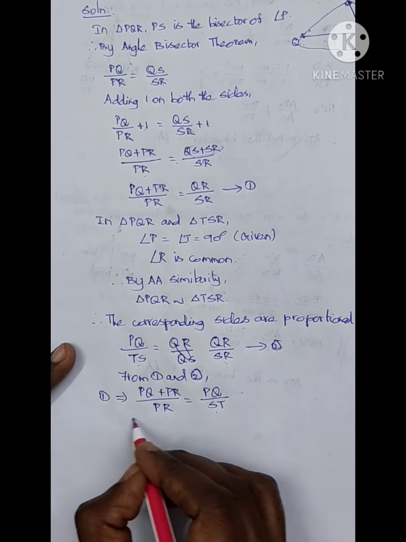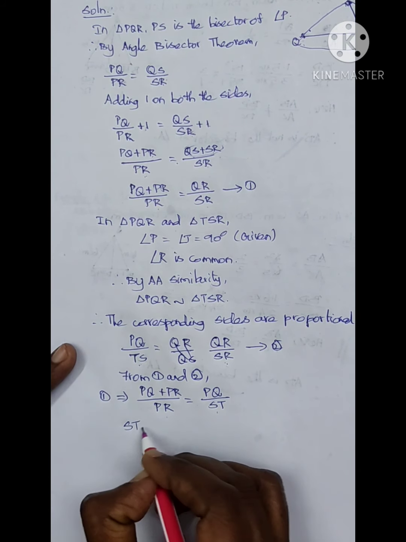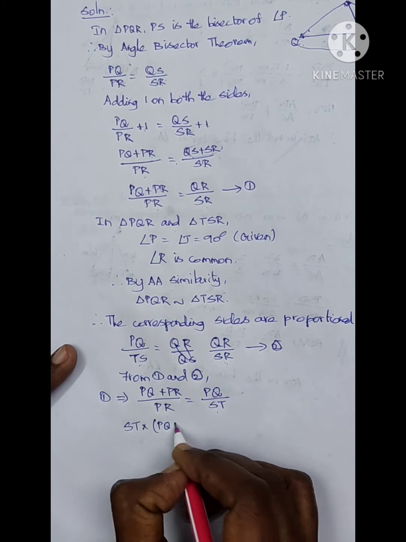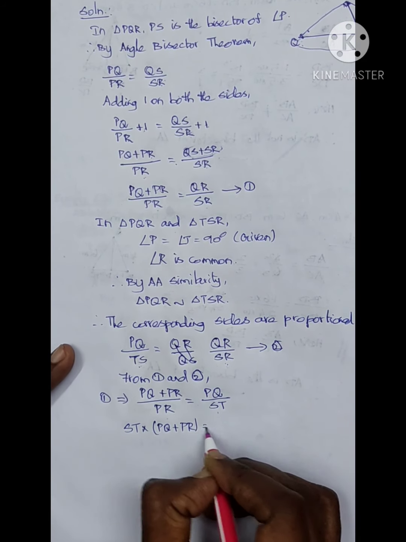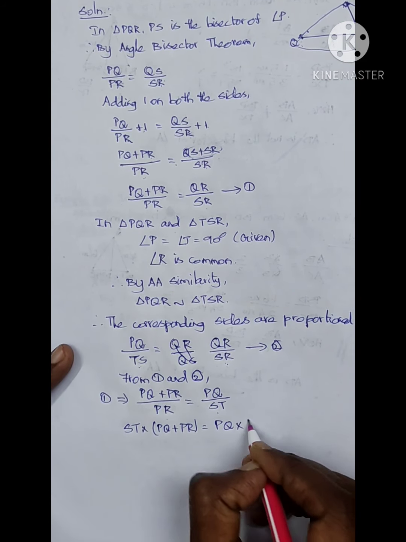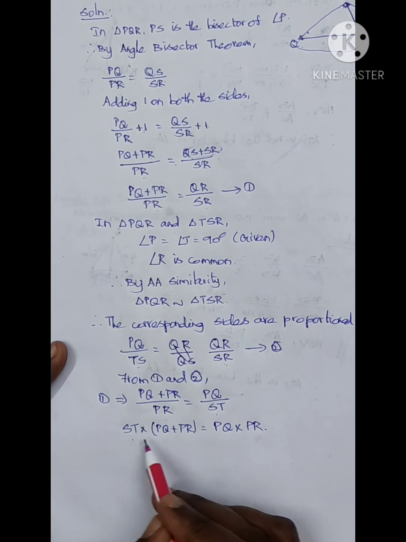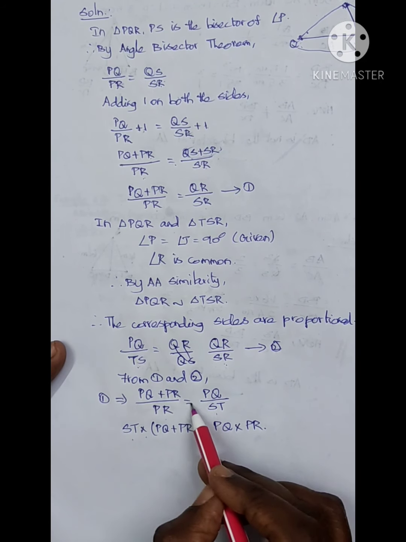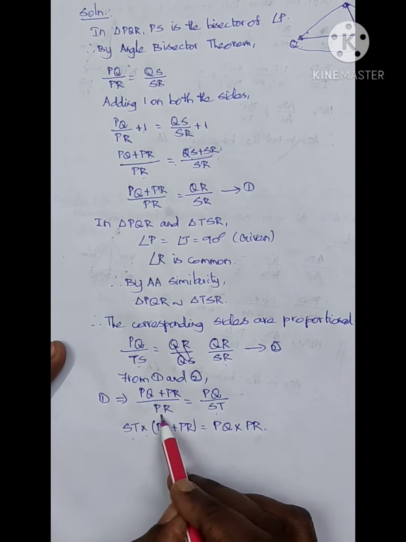When we cross multiply these two, it becomes ST into PQ plus PR equal to PQ into PR.